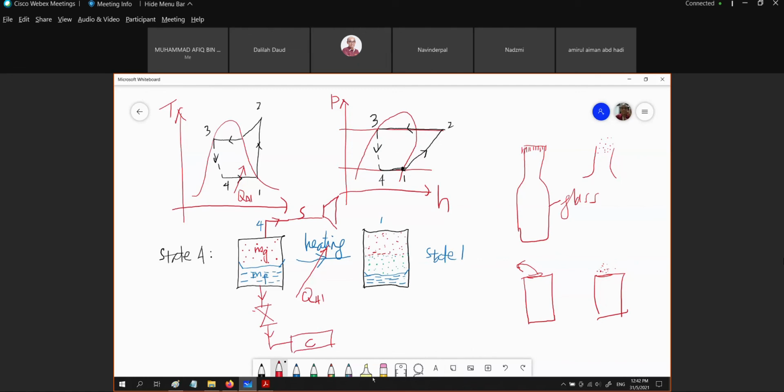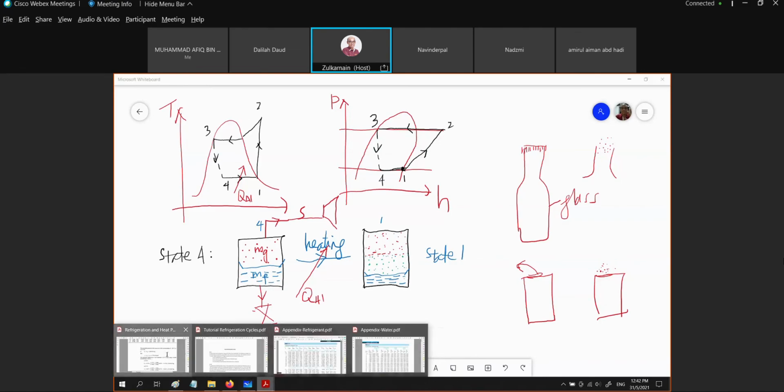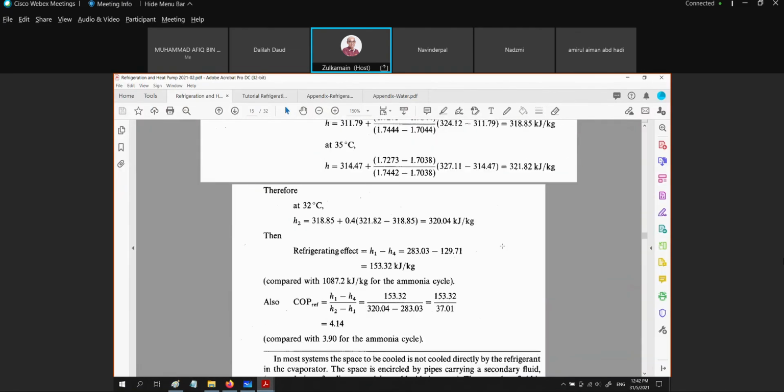Okay, so this is called a two-stage compression cycle, which incorporates what is called the flash chamber. So this can be seen from these notes from our textbook.